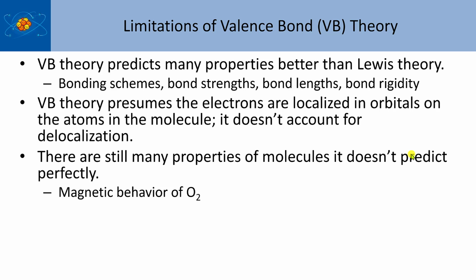But still, there are some weaknesses. One of the weaknesses would be that we never really touched on how resonance is accounted for in valence bond theory, and it doesn't actually do a very good job of doing resonance. And it isn't able to predict, like Lewis theory isn't able to predict, the magnetic properties of molecules.